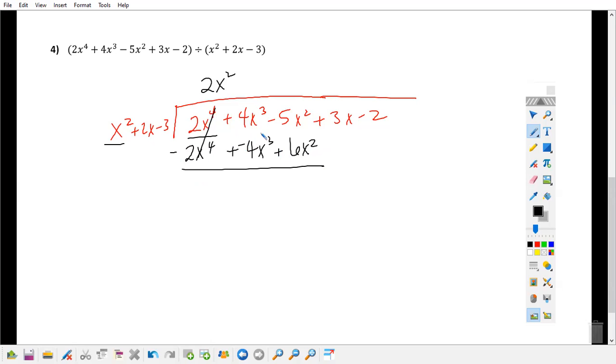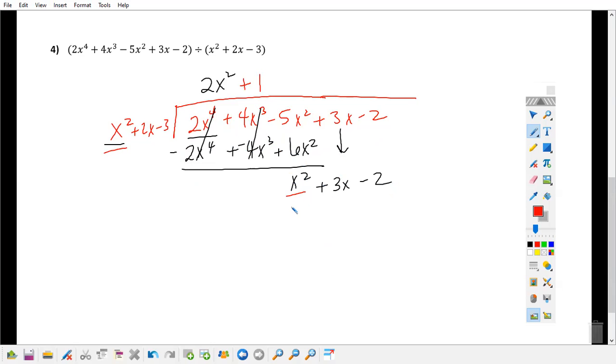And what do we get? So we're left with x squared. And we're going to bring down our plus 3x and our minus 2. And then we repeat. What is x squared divided by x squared? 1. Hopefully we all got 1.